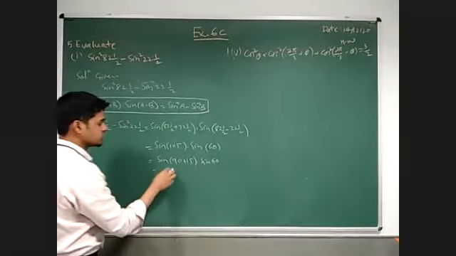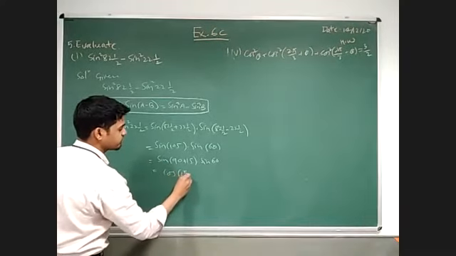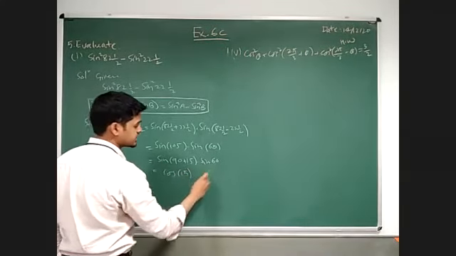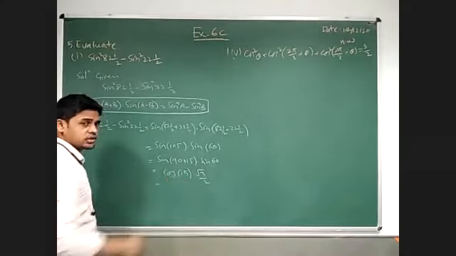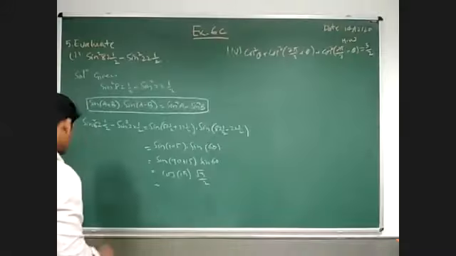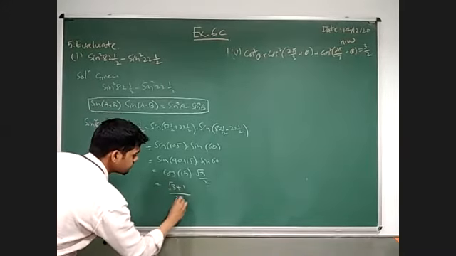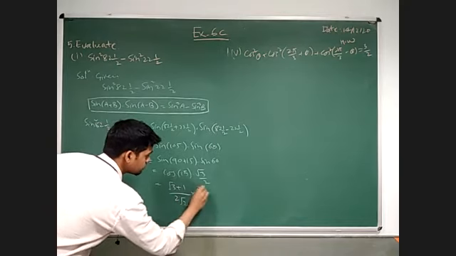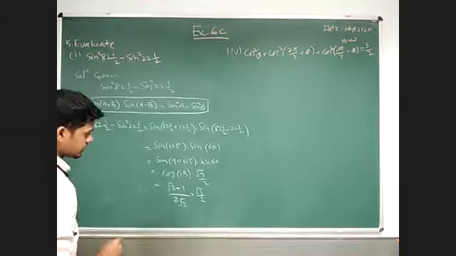So this is nothing but cos 15 into sine 60, and sine 60 is root 3 by 2. I know the cos 15 value: cos 15 is root 3 plus 1 by 2 root 2.